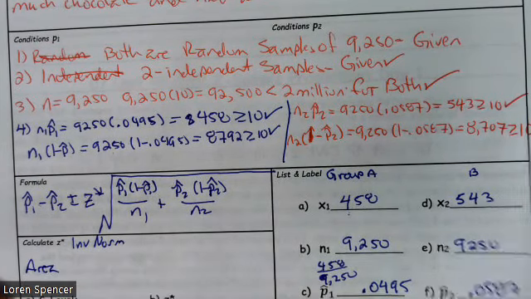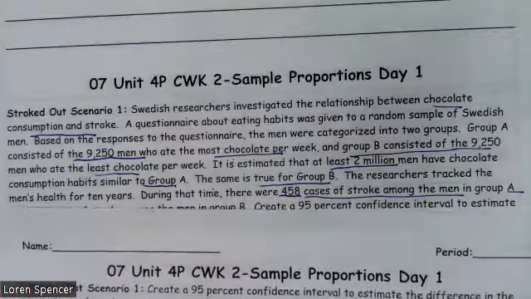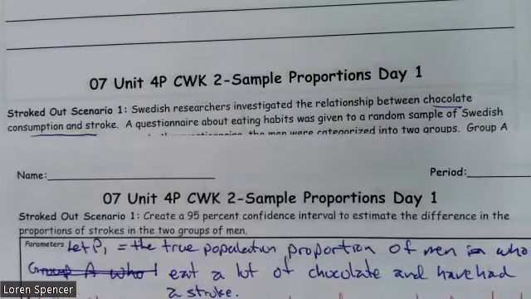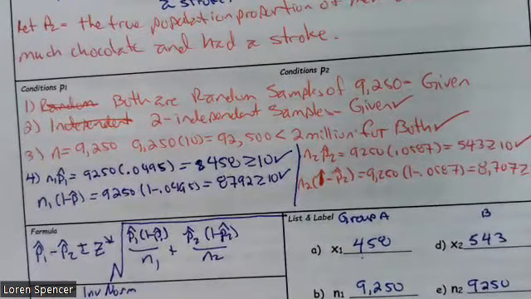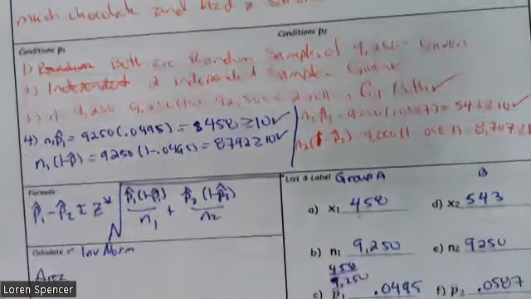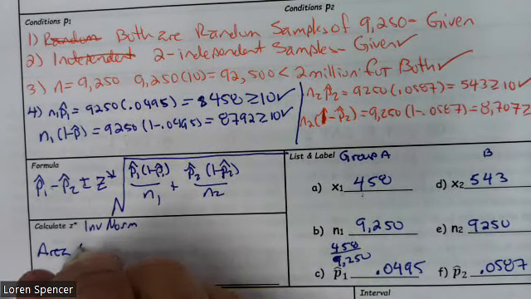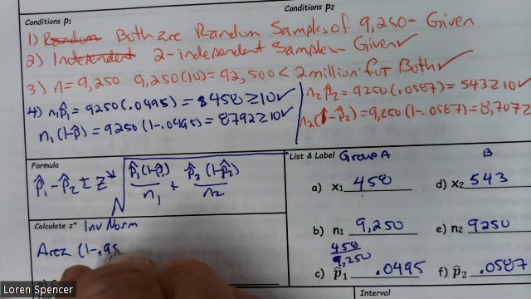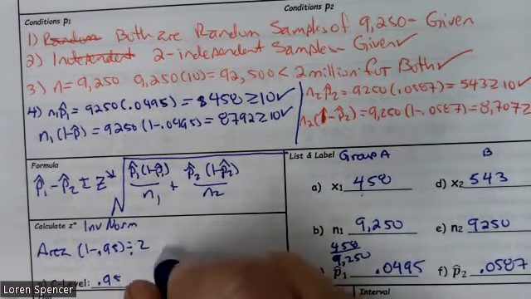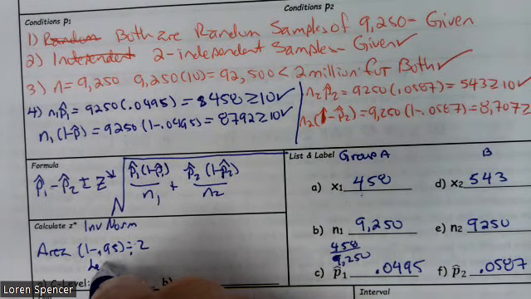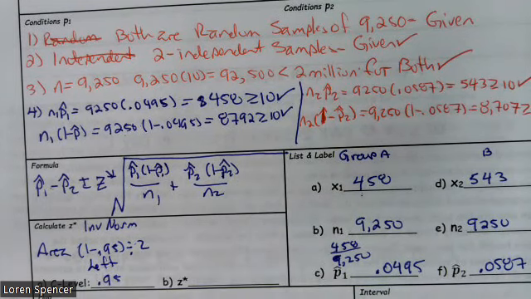Let's look back and see what type of confidence interval. They want us to create a 95% confidence level, so our C level is 0.95. That's 1 minus 0.95 divided by 2. If the calculator asks left, center, or right, we're going to use left.